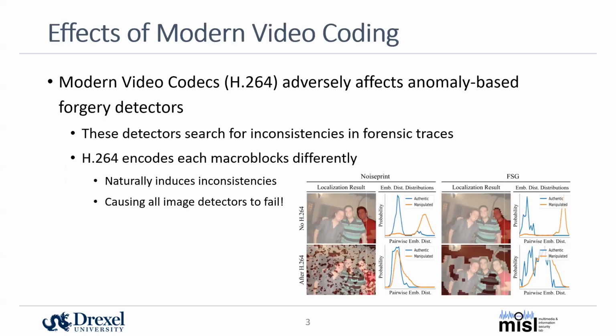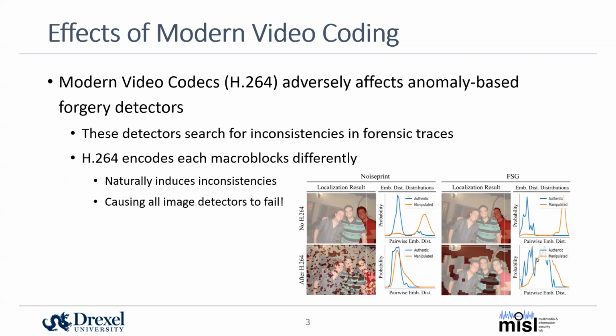The reason why general image manipulation detectors fail on video is due to the effects of modern video coding. These detectors work by extracting forensic traces from different regions of an image and look for inconsistencies among these traces. At a high level, a forensic trace represents the relationship of a pixel with its surrounding, and if we look at a group of pixels in an analysis window, these relationships reveal the processing history of that analysis block.